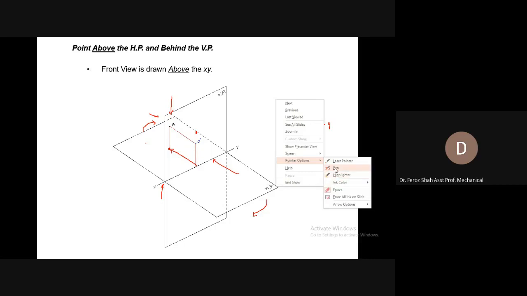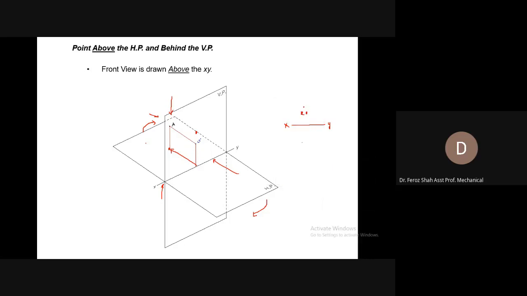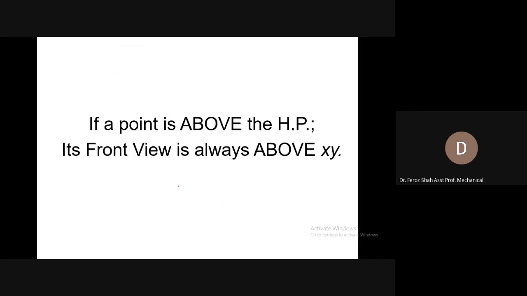So both of the views, the front view and the top view, would be drawn above the XY reference line. This method will be called the second angle of projection. In second angle of projection, both the front view and the top view would be coming above the XY reference line.